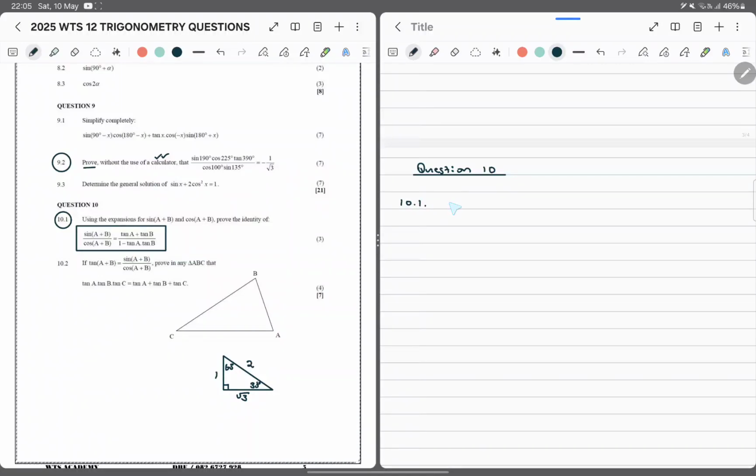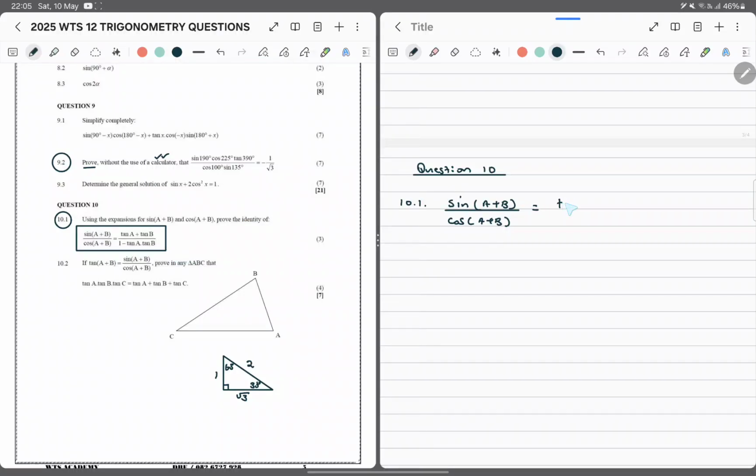So 10.1, we are told to deal with sine of a plus b divided by cos of a plus b.